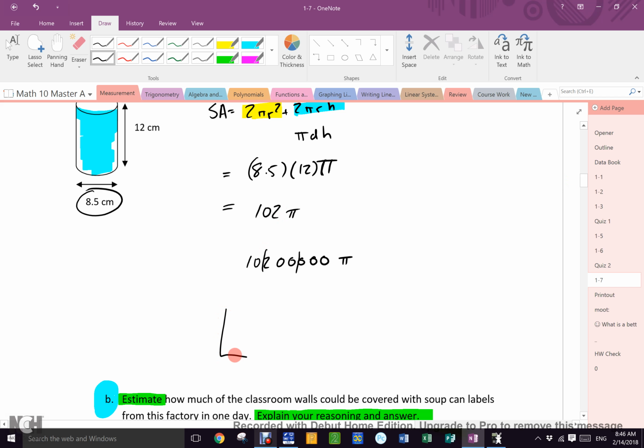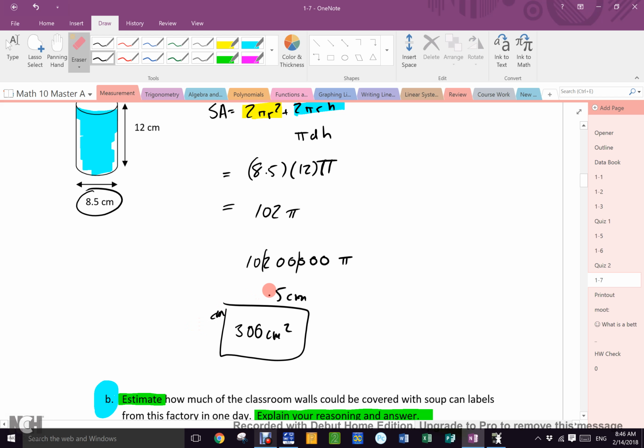Now the next question required you to estimate. Well, 1 square of paper, one of these was basically 300 centimeters squared, right? Basically, agreed? And 300 centimeters is basically 5.5 centimeters by 5.5 centimeters, right?